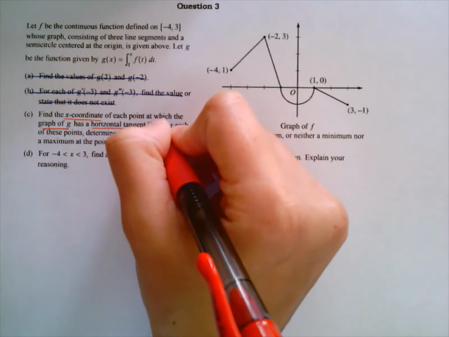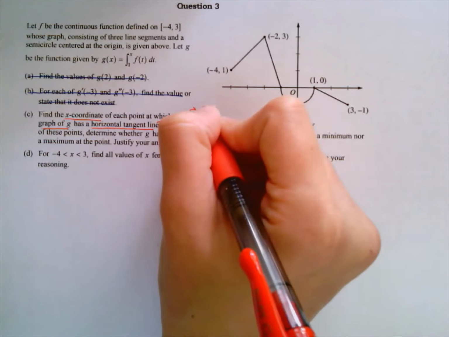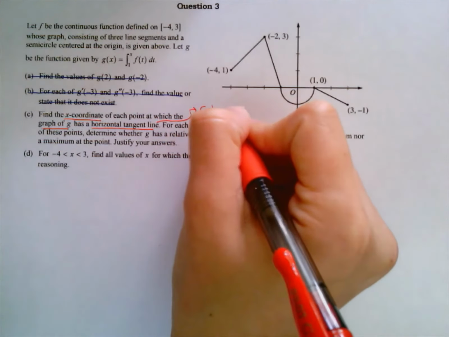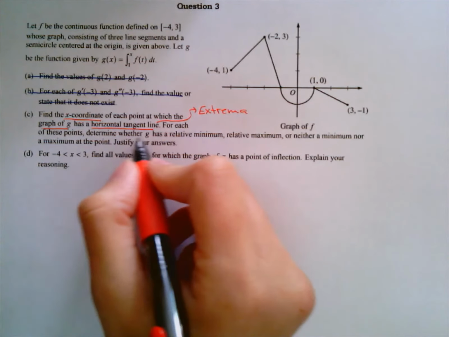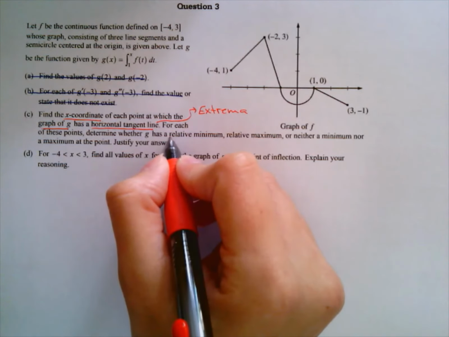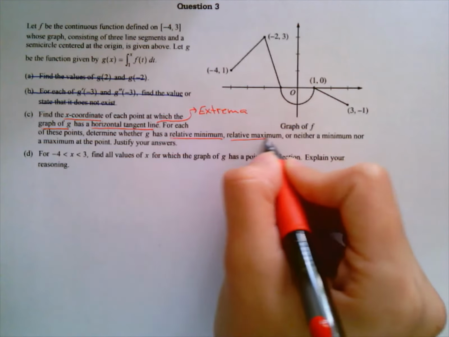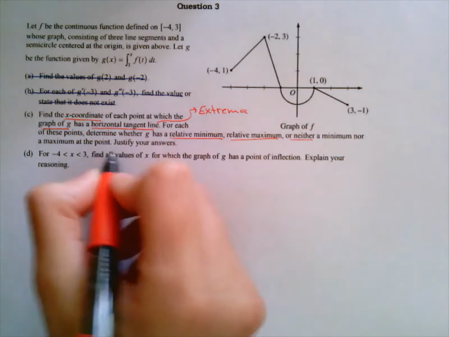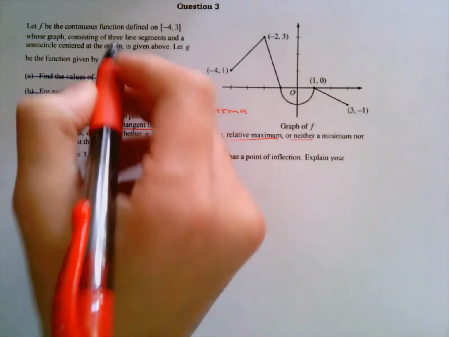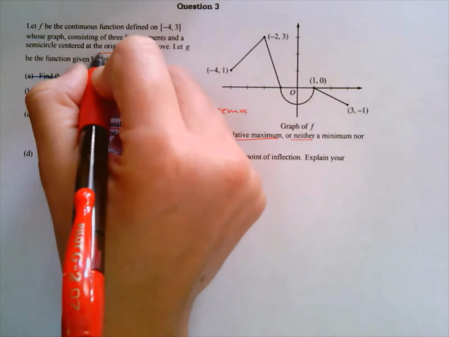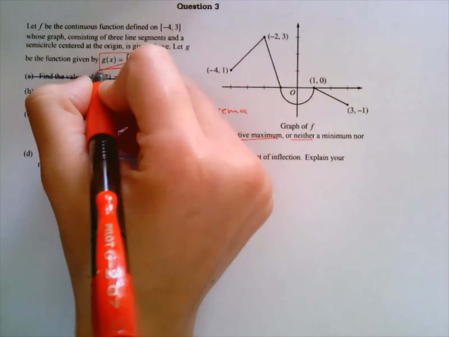So a horizontal tangent line is a vocab word for an extrema, meaning a max or a min. And for each of these points, determine whether it's specifically a min, a max, or neither. And then, of course, you can always expect to see that word justify. Okay? So I don't want you to worry about this part because you haven't learned integration yet, okay?